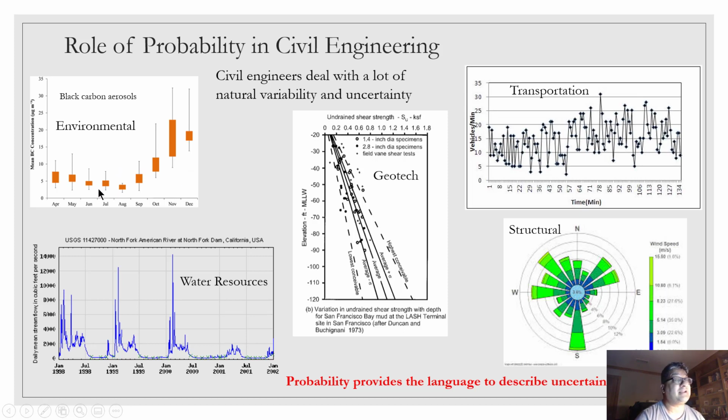Another example, if you look at geotech: here I'm plotting undrained shear strength in kips per square foot across the depth. This is data collected for the San Francisco Bay mud at a site in San Francisco, coming out of Duncan and Buccigiani in 1973.